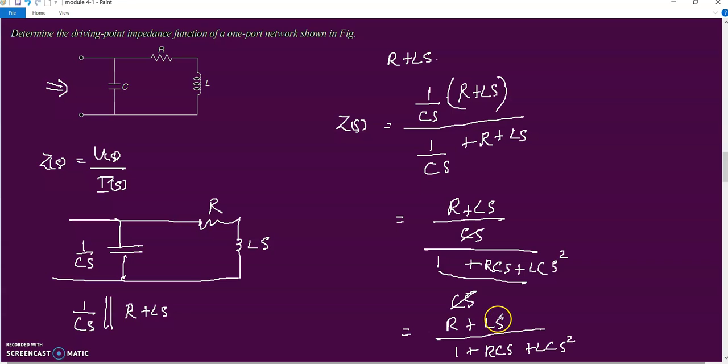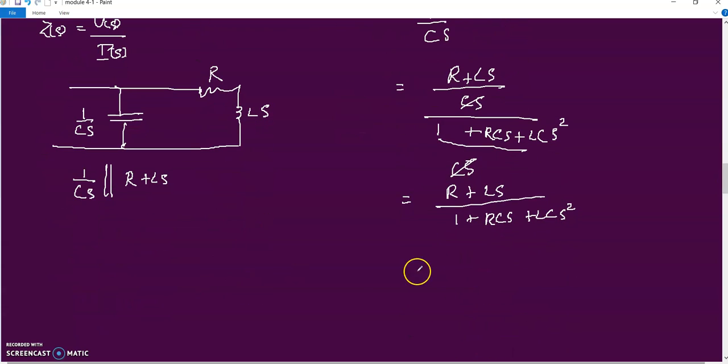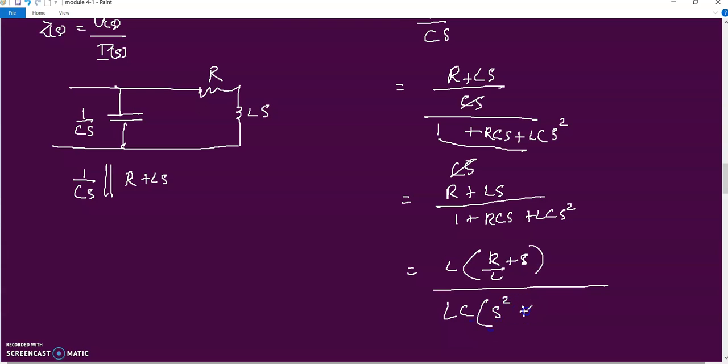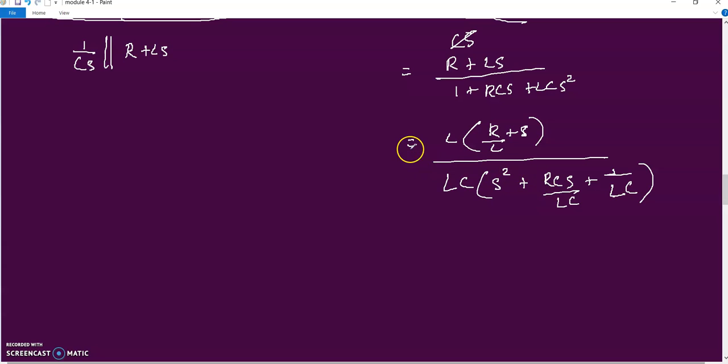So we can make the S term alone in both numerator and denominator. Here in the numerator we can take L common: R by L plus S. In the denominator we can take LC as common. So we can write S square plus RC S by LC plus 1 by LC. Now we can cancel the L terms.